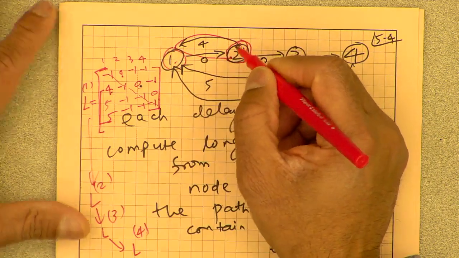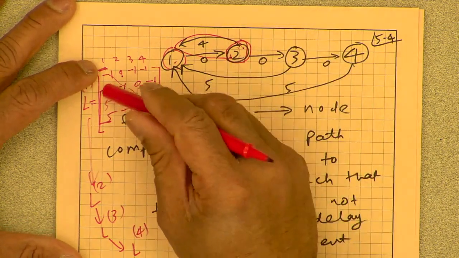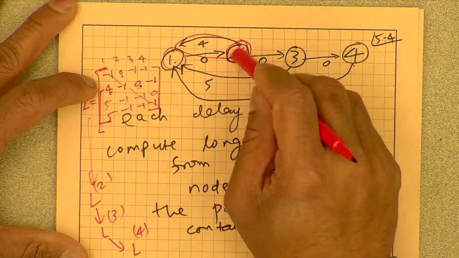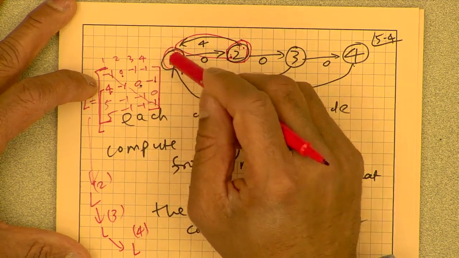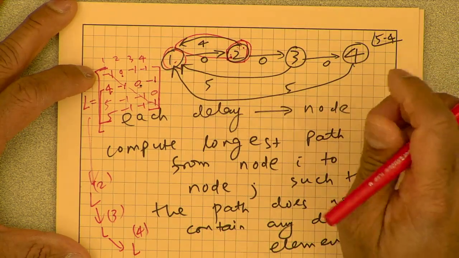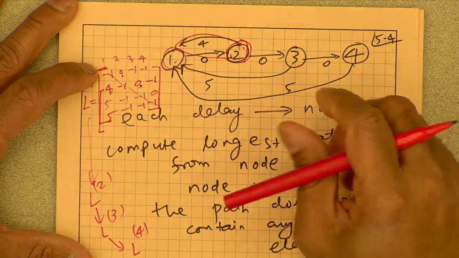So L2 diagonal entries are the longest paths such that you start with any node and come back to the same node by going through 1 more intermediate node, that means a maximum of 2 delays. That contains the critical paths of all loops containing 2 delays.